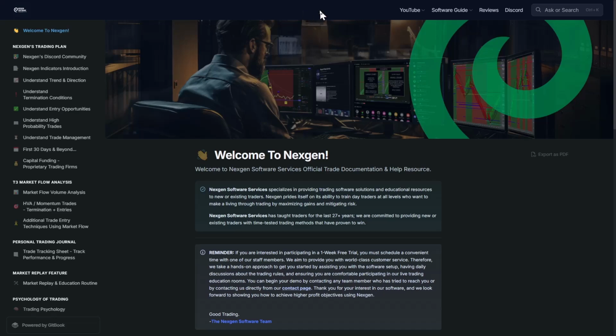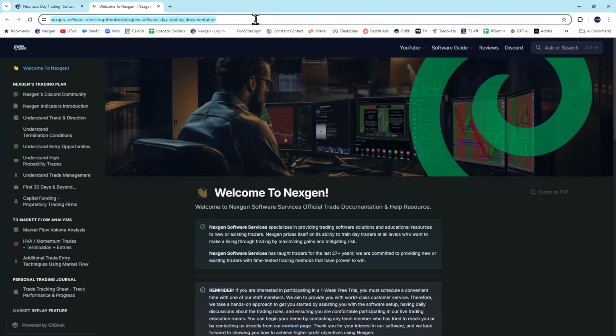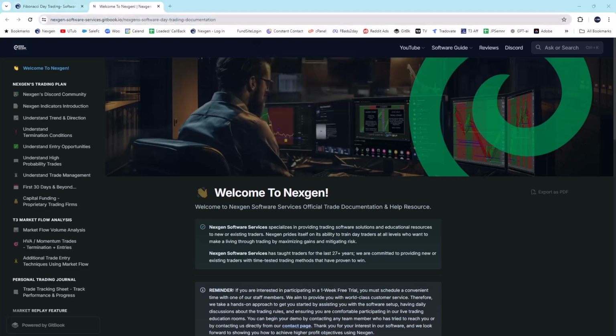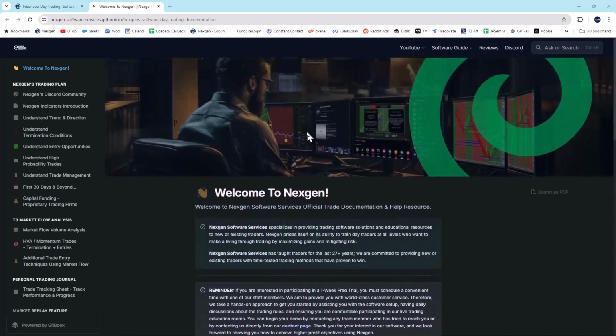First things first, I'm going to go to the user guide. For those of you who haven't seen it yet, we freshened it up a little bit. The information isn't any different, but it looks a little cleaner and is more well organized for all the new users in this first section on the left-hand side.